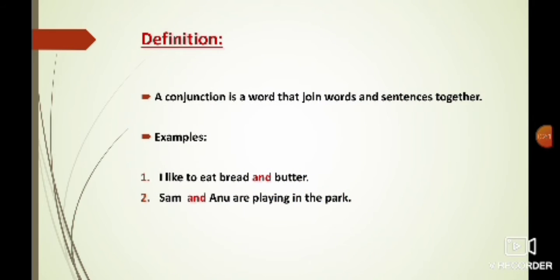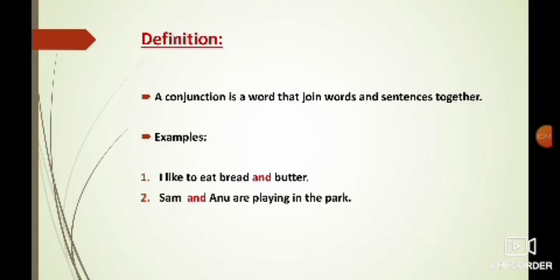Now I have given the definition of joining word. Let's see. Joining word is also known as conjunction. Okay, children? So a conjunction is a word that joins words or sentences together.